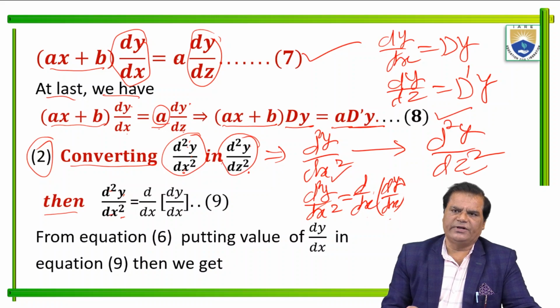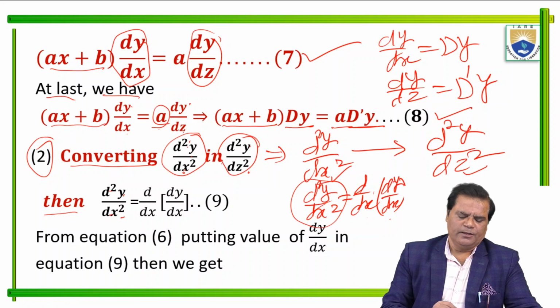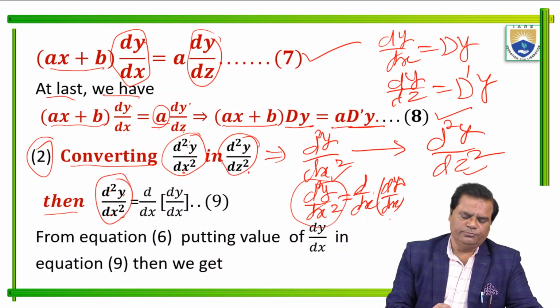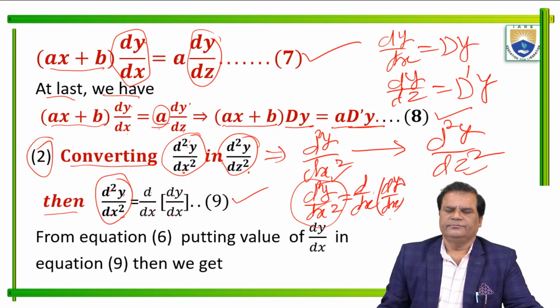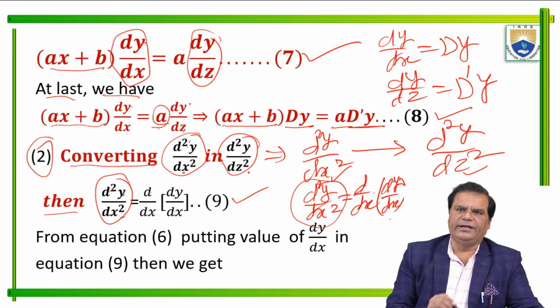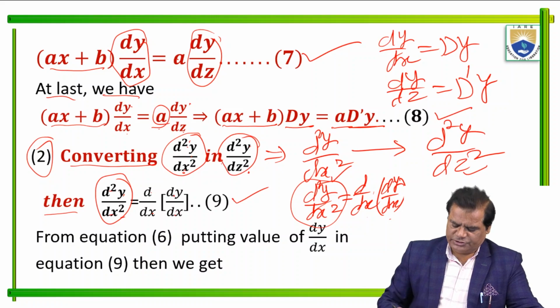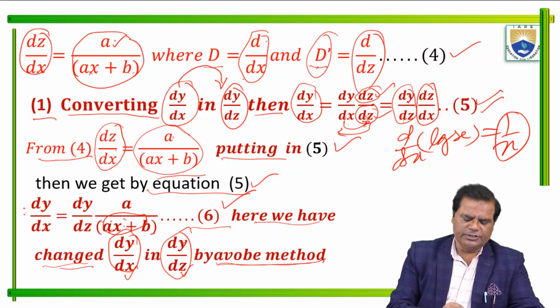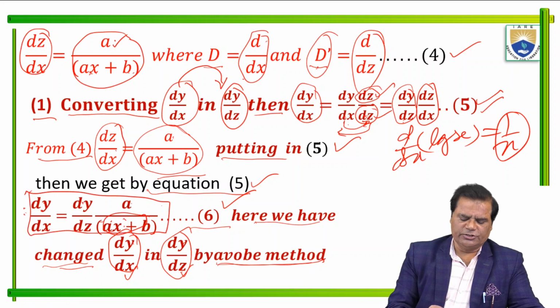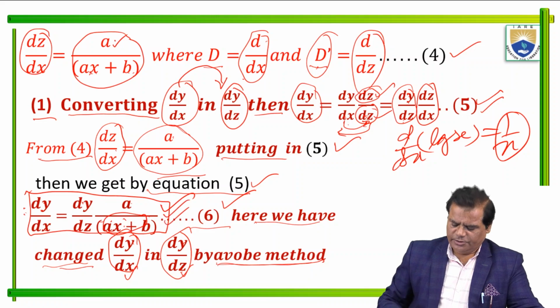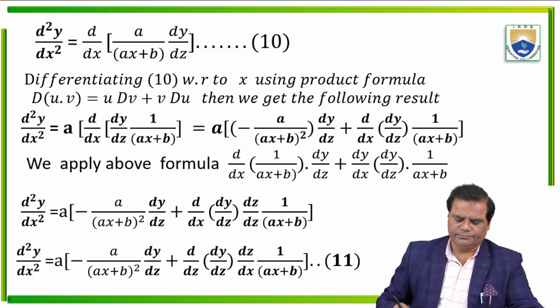This is equation 9. Here we put the value of dy over dx from equation 6. What is equation 6? Equation 6 is this.